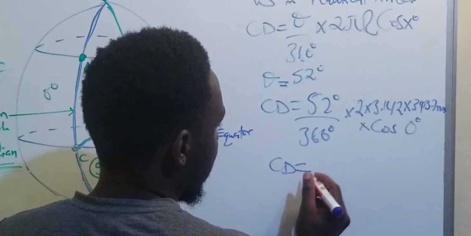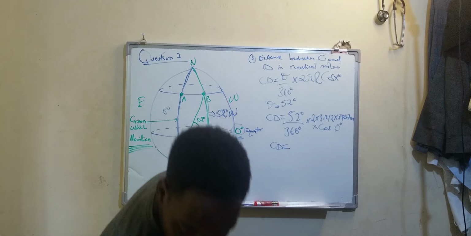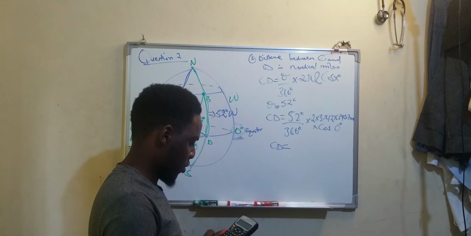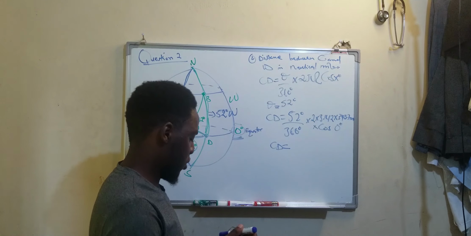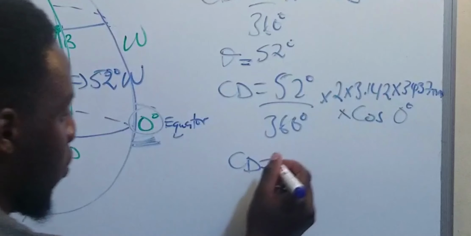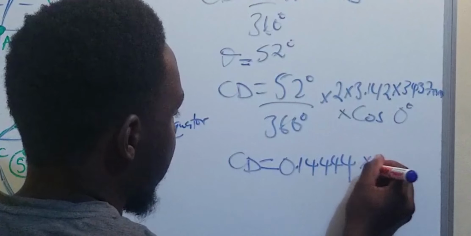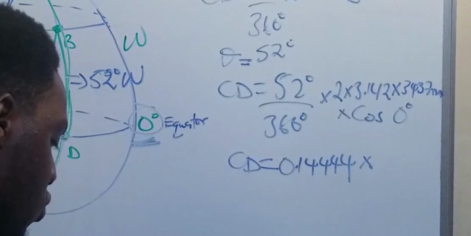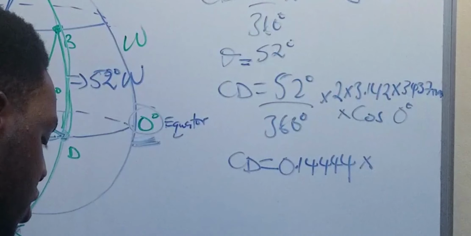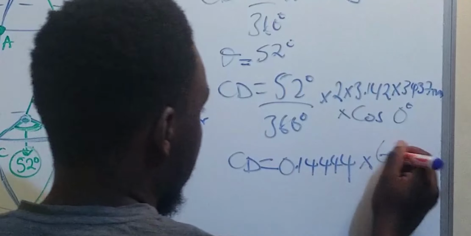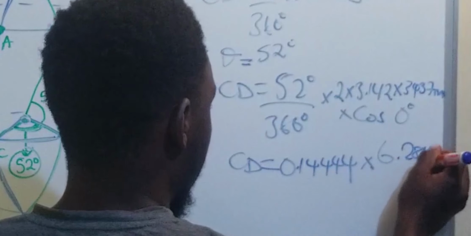CD is equal to, when you do your calculations there, 52 over 360, you'll get 0.14444 multiplied by 2 multiplied by 3.142, you have 6.284.